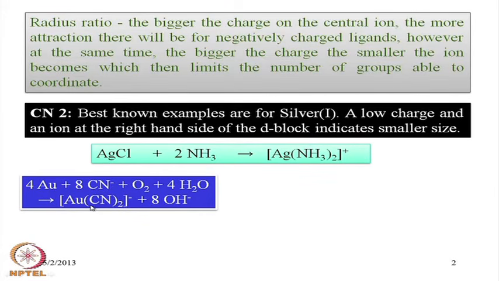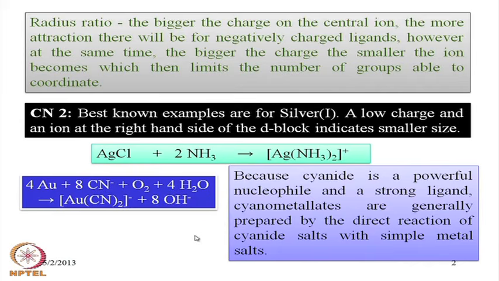Au(CN)2 minus forms along with the formation of hydroxide ions, so the medium turns basic, from the water molecules present along with one molecule of dioxygen.